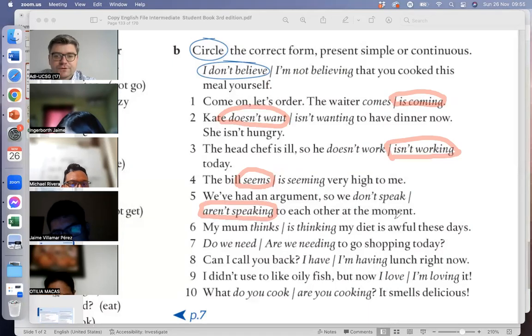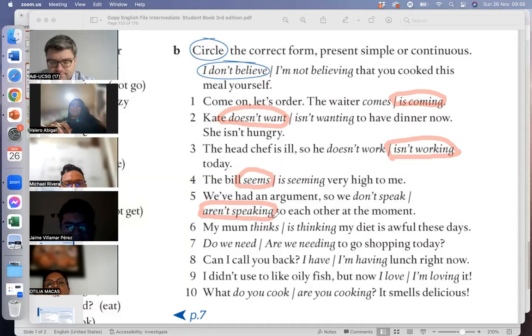Very good. Abigail, did you raise your hand? Number 6? My mom thinks my diet is awful these days. Very good.